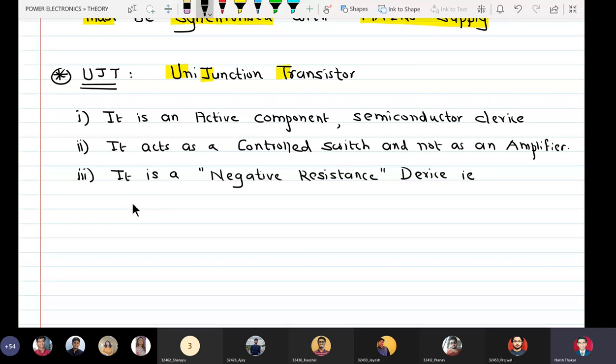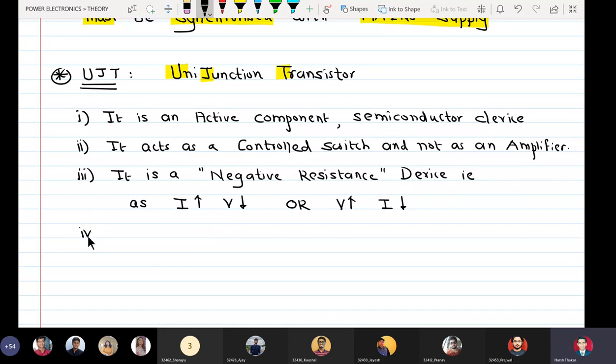That means as current increases the voltage reduces. But then, we cannot call that it is inversely proportional. It's a different kind of effect. So if I show you the VI characteristics of a UJT, you will appreciate more why it is called a negative resistance device. That is, V increases when current reduces.